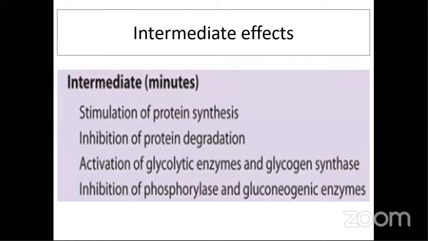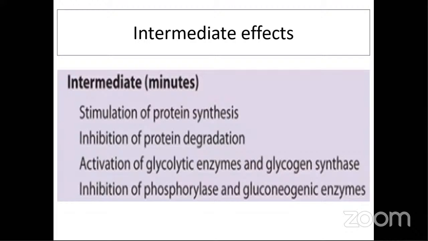So what are the immediate effects? Immediate effects include stimulation of protein synthesis. I have told you insulin is an anabolic hormone, so it always tries to preserve all the nutrients, and so it stimulates protein synthesis. It inhibits protein degradation. Also it causes activation of the glycolytic enzymes.